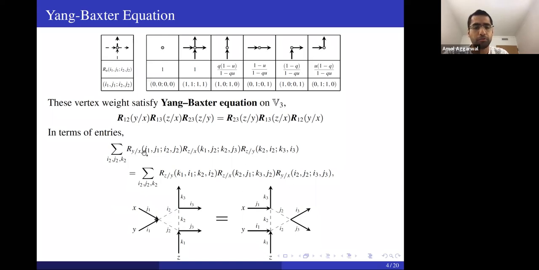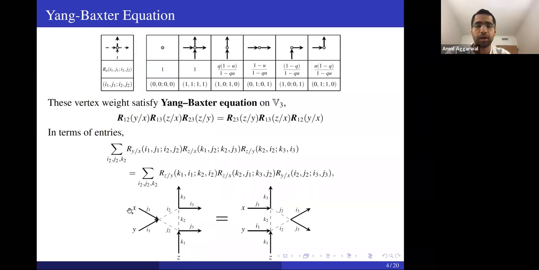So R of y over x, I1, J1, I2, J2. I view y, x and z as parameters associated with the various lines in my vertex model. For example, here I have one line which has parameter y, here another line which has parameter x, and here another line which has parameter z. And u will be the quotient of the vertical line divided by the horizontal line.